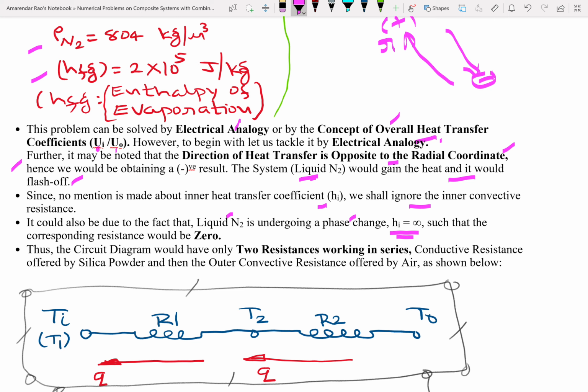As a result, the convective resistance is going to be very, very small. Because we know that the convective resistance is inversely proportional to heat transfer coefficient. As a result, you don't have anything resisting on the inner surface.